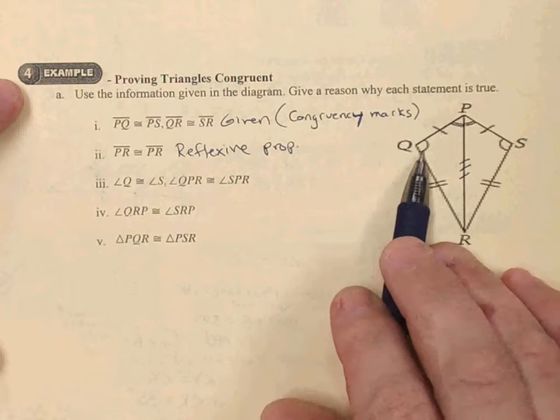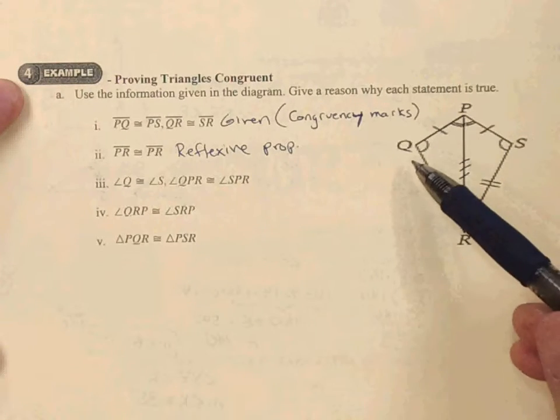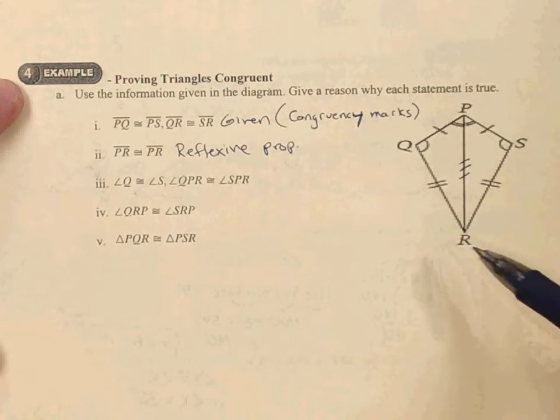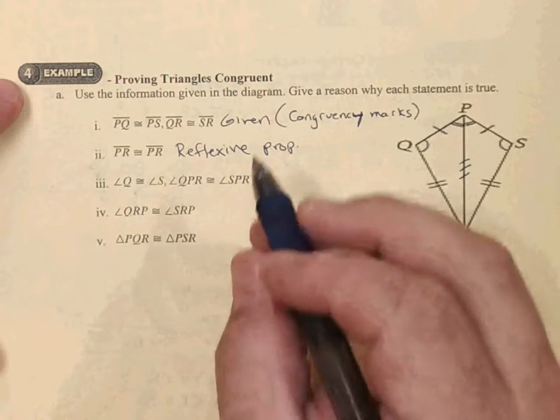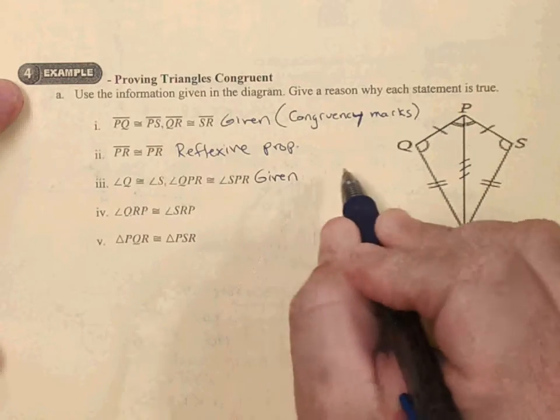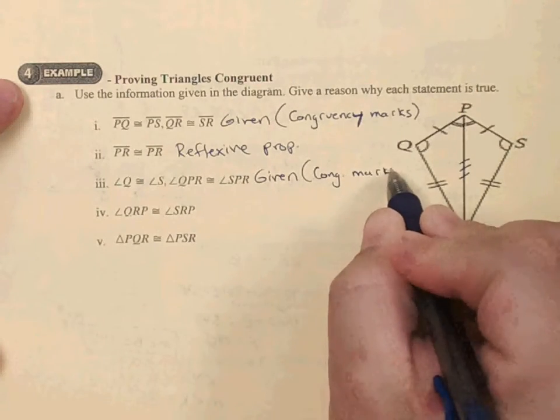Then it says angle Q is congruent to angle S. Well, they're marked that way. And QPR and SPR are also marked with the 2 lines, saying that they're congruent to each other. So that is also given. That's the congruency marks.